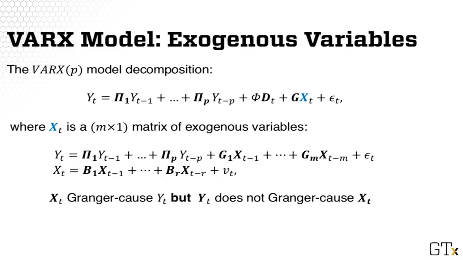As on the slide, the model for xt can depend only on the lag values of xt, but not on the lags of yt. This also means that xt Granger causes yt, but yt fails to Granger cause xt. Thus, the VAR-X model allows us to fit smaller models for xt while accounting for the temporal relationship of xt onto yt.